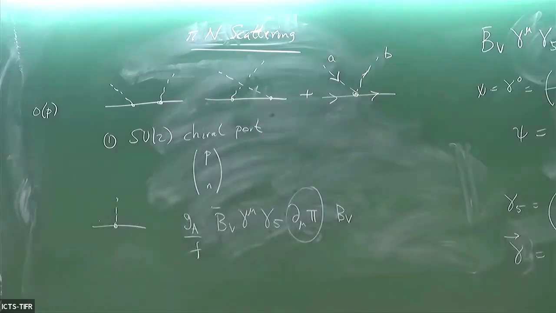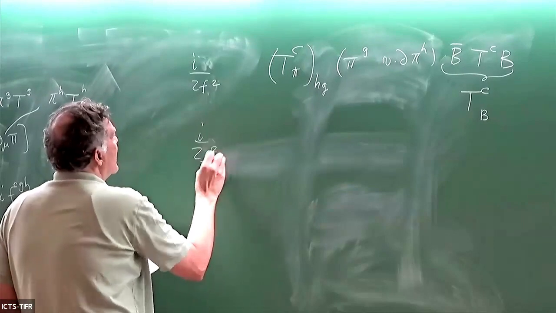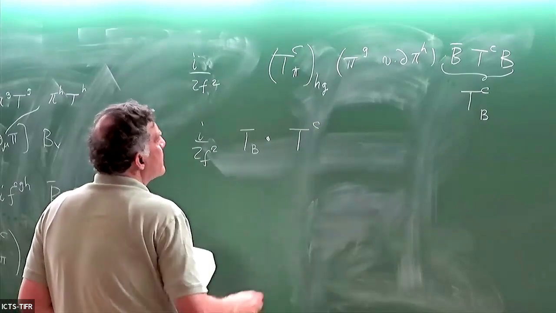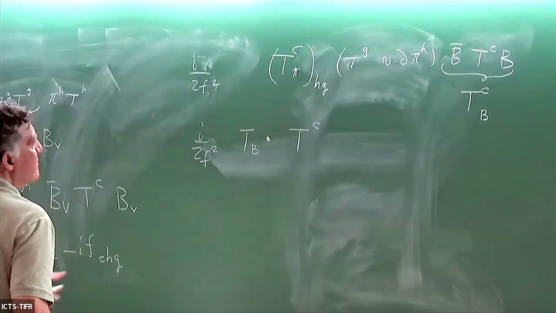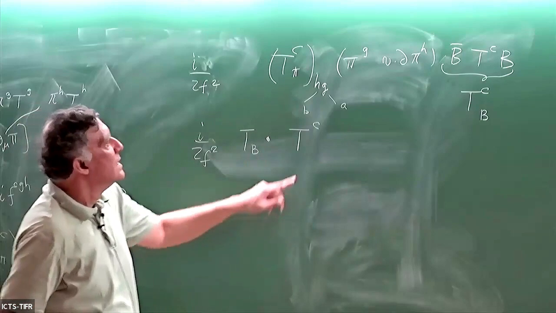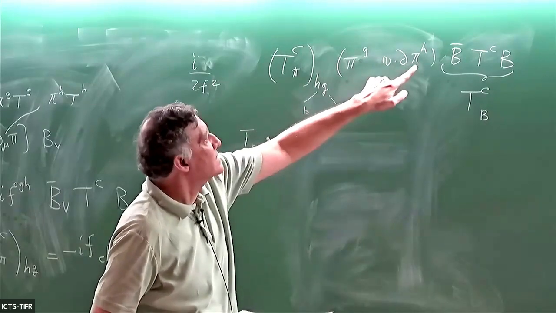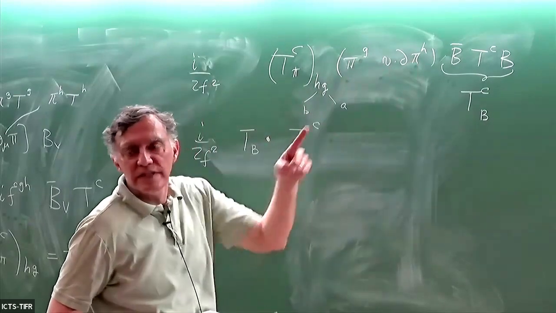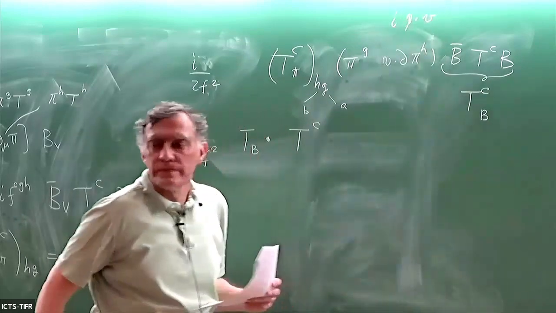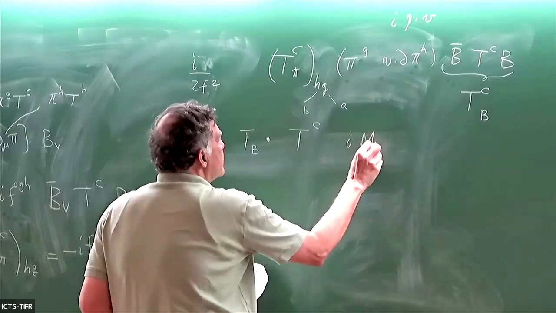So I have 2 over f pi squared, TB dotted into Tc pi, and A comes in, so let's say this is A, and that's B, and B goes out, then g is the index A, h is the index out, and the derivative acting on an outgoing pion gives me I p dot v, and the outgoing pion momentum is m pi, so I get I m pi.